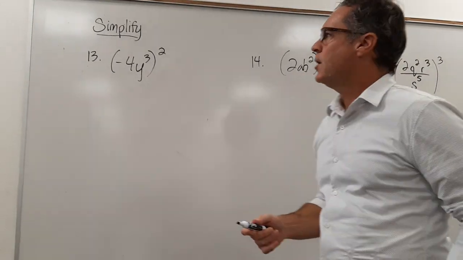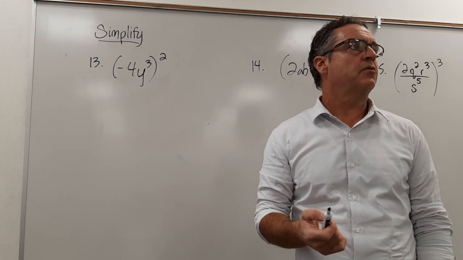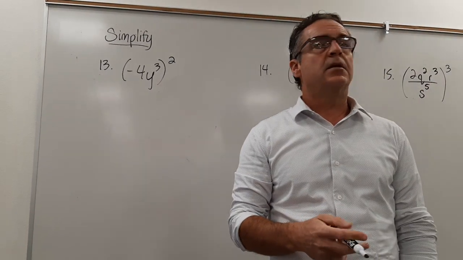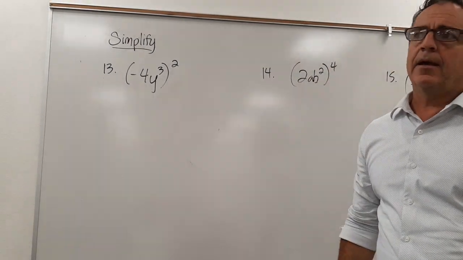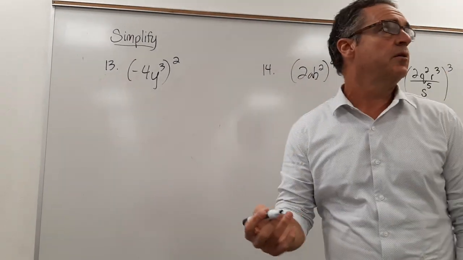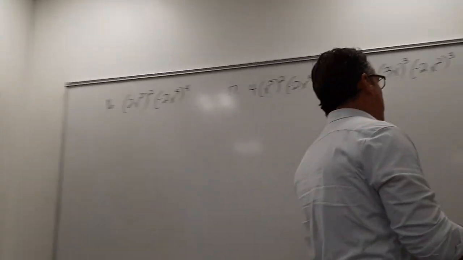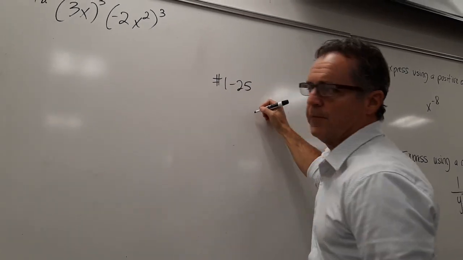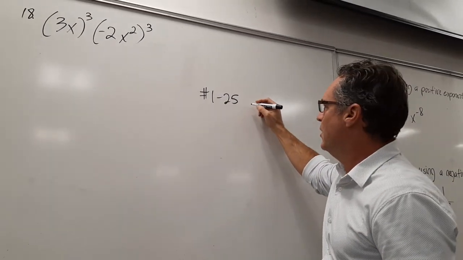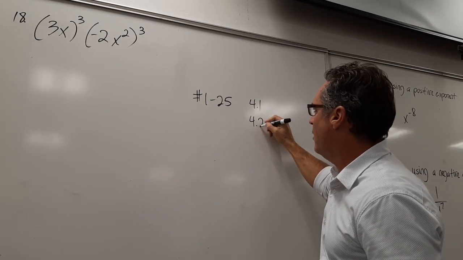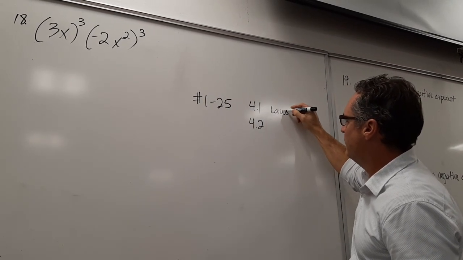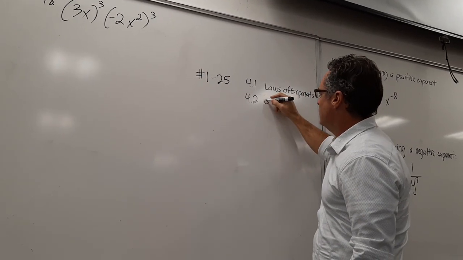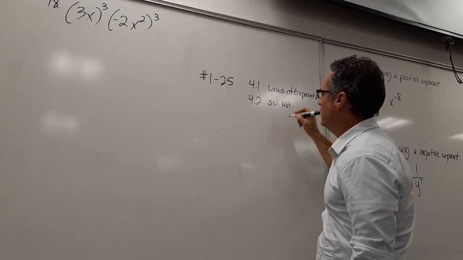Guys, our next section, which is 13 through 23, I believe, just says simplify. And one of the things I want to do, if you just want to come over to this board here, is that numbers 1 through 25 on the practice test are literally just covering 4.1 laws of exponents and 4.2 scientific notation.